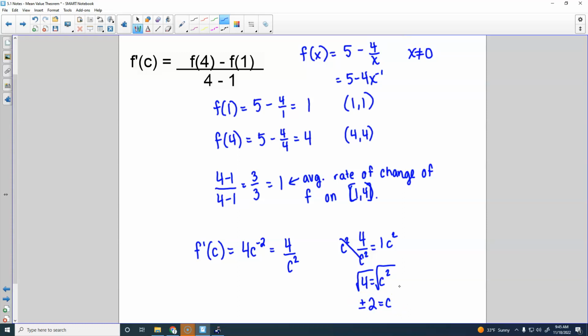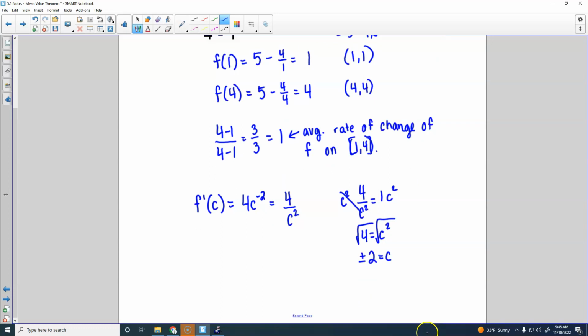I do not. I do not use the negative because it's not in my interval. If they were both in the interval, I would use both of them. But we would say c equals 2 would be our answer for that. So at c equals 2, our slope equals our derivative. Slope to the endpoints equals the derivative. Yes?